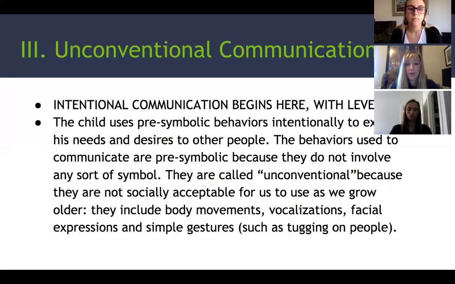So if the child wants to eat the apple or the banana, instead of using the symbol of a word, banana, they might gesture or use a different modality to communicate. They can't necessarily yet understand the correlation between a picture symbol, a word, or a sign to request the thing that they want, but they're still able to intentionally ask for the things they want without symbolic communication.